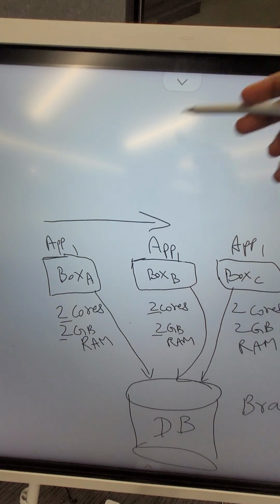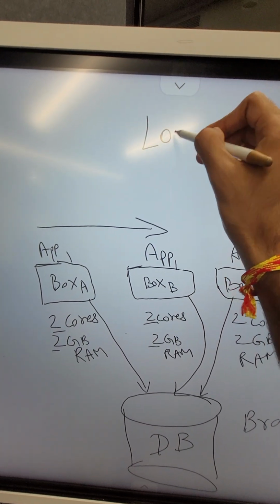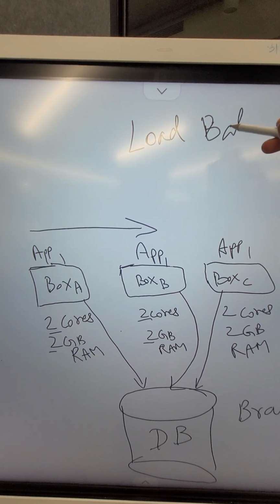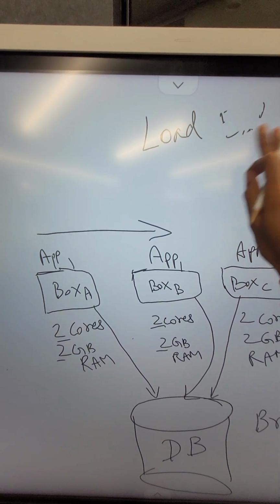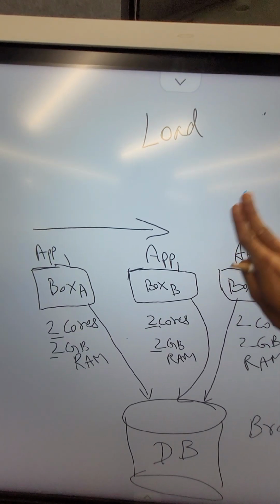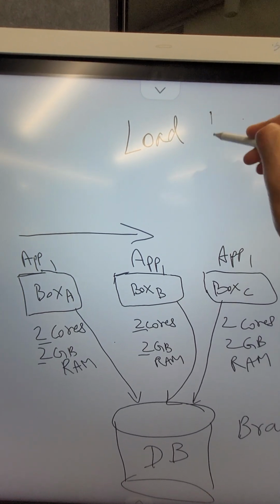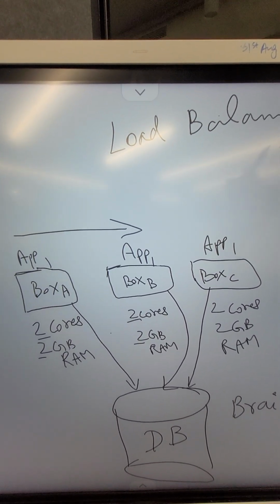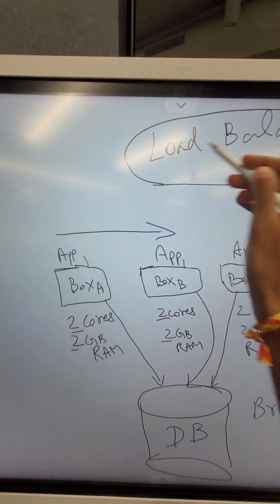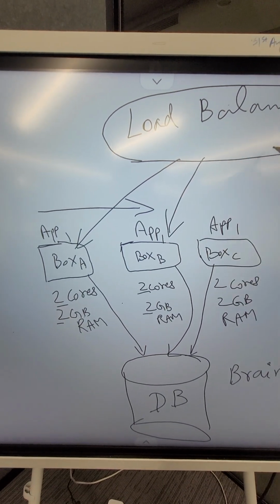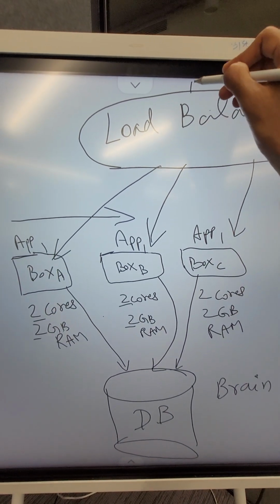And the traffic that comes in, you should have a load balancer. So these are all things that you need to take care of when you do horizontal scaling, right? A load balancer, something that actually load balances the traffic from outside.